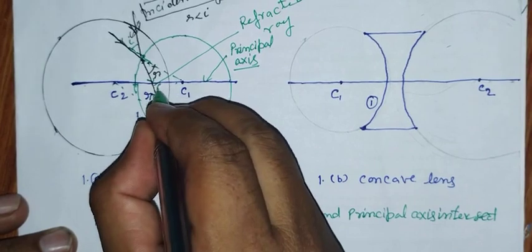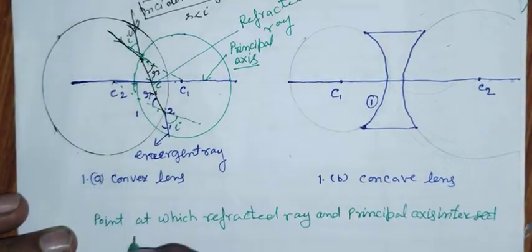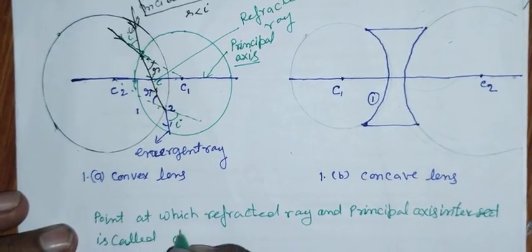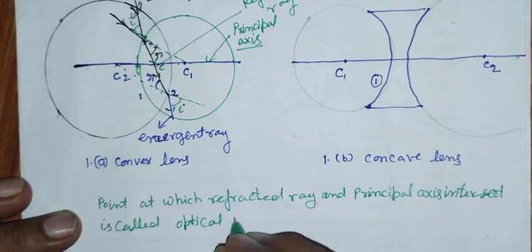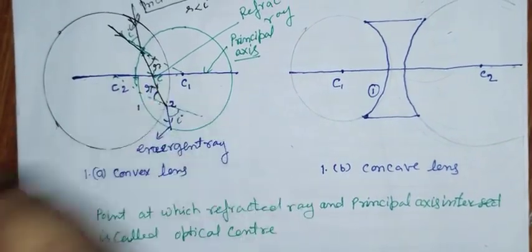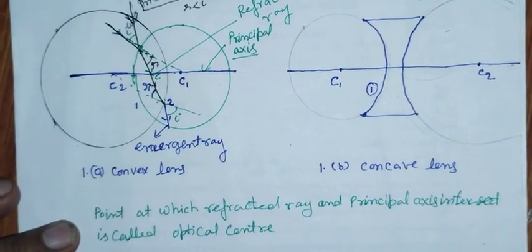Here this point is C. The point at which both intersect is called the optical center. So point C is called the optical center.